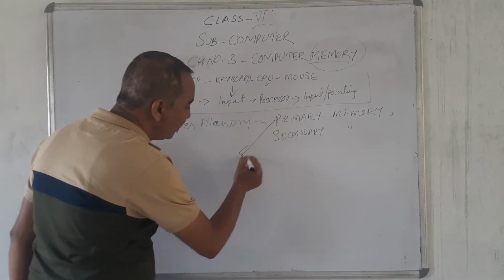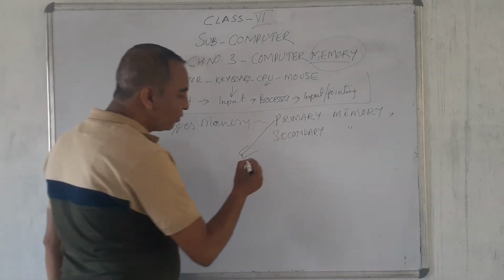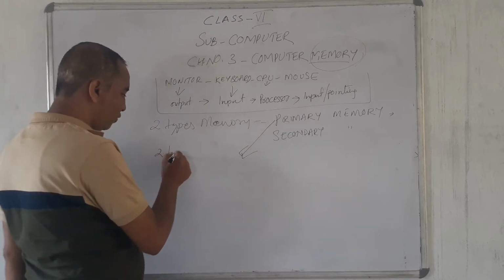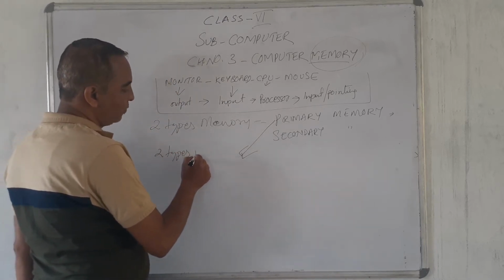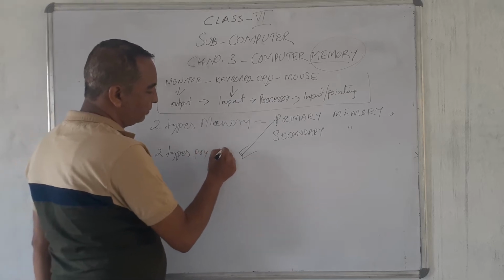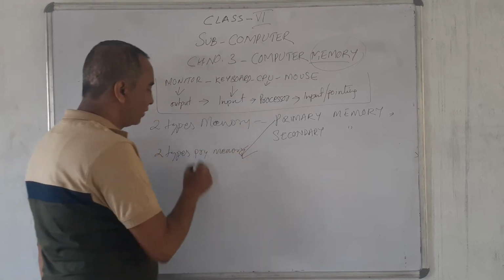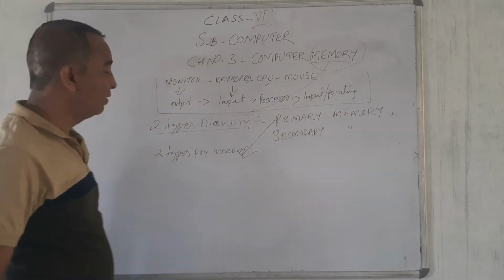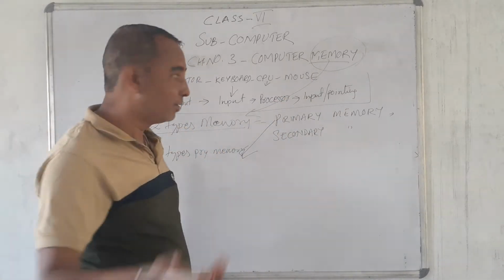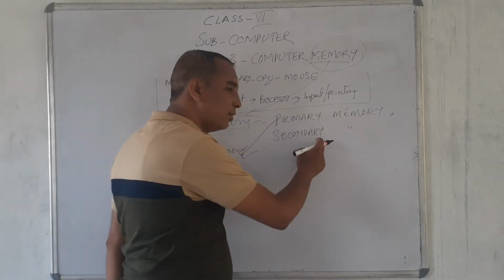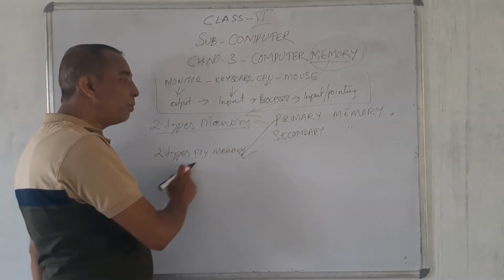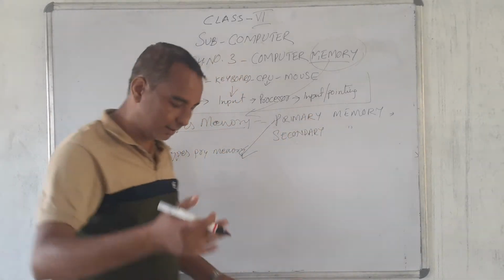Now just we move to the primary memory. Primary memory also has two types. What we did, we learned memory, and we found that memory is of two types: primary memory and secondary memory. Now again, primary memory also has two types. What are they inside the computer?